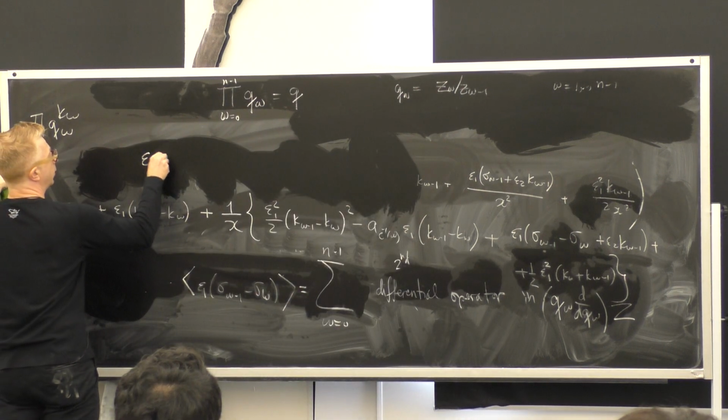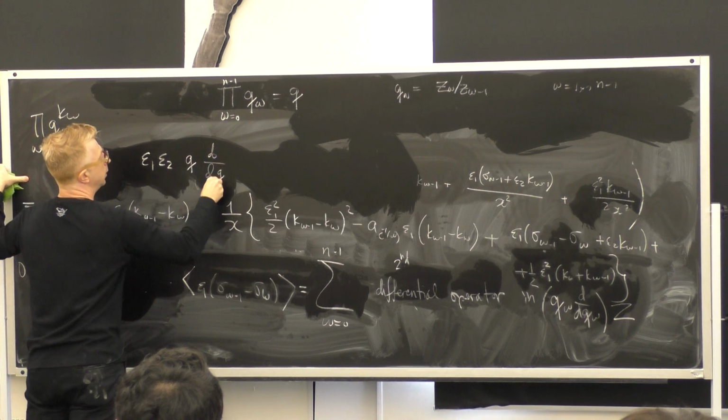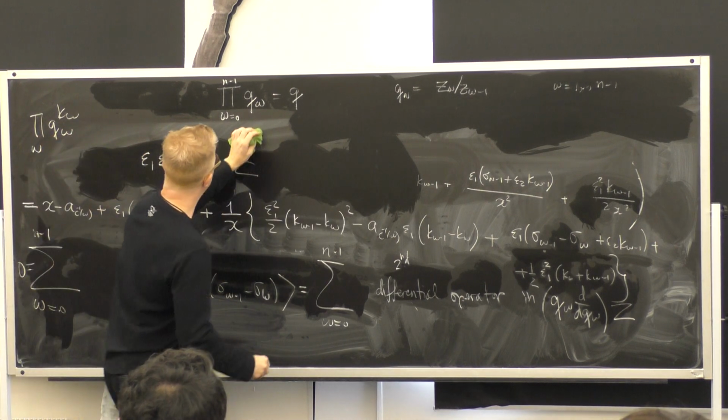Namely, the equation will have the following form: epsilon 1, epsilon 2, Q d by dQ acting on Z. So this Z, actually, let me call it psi.